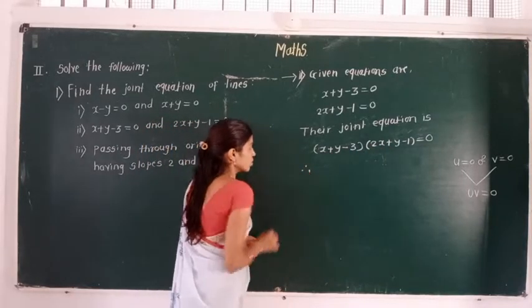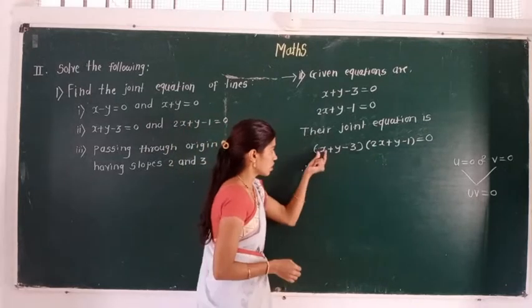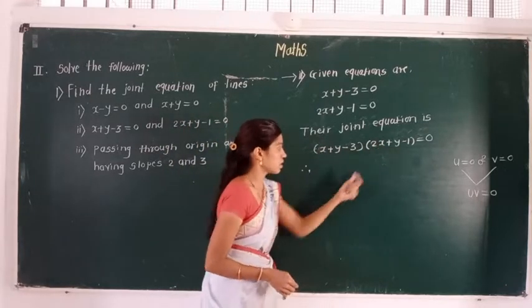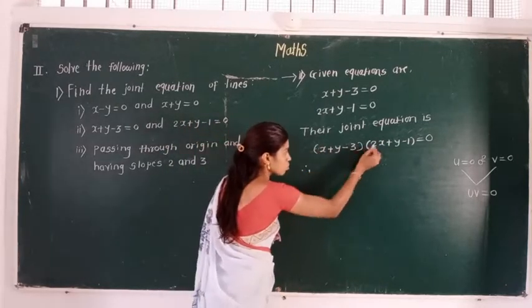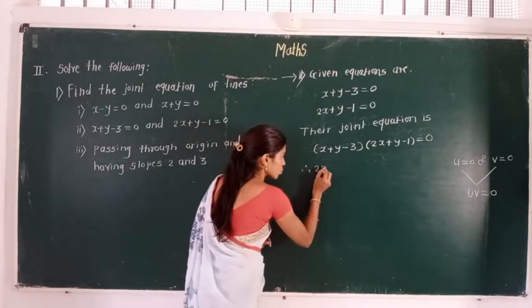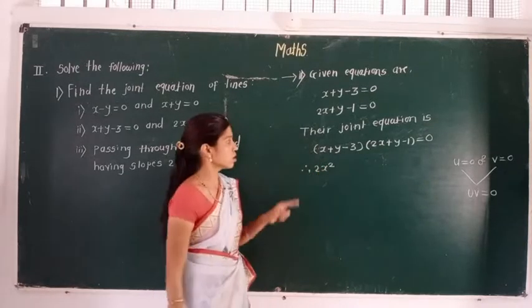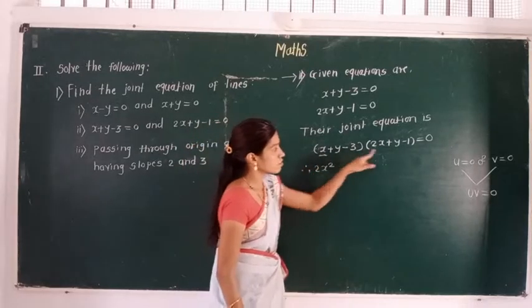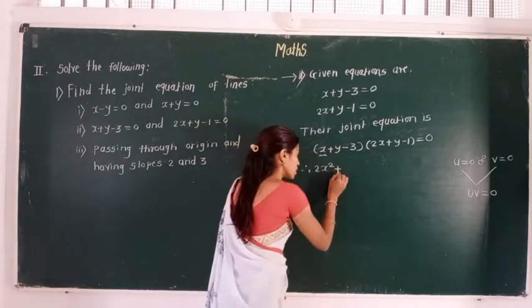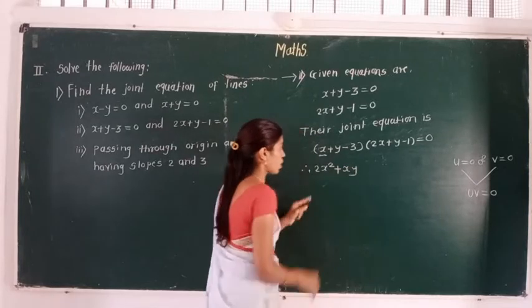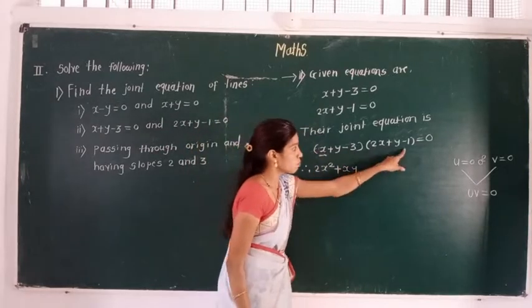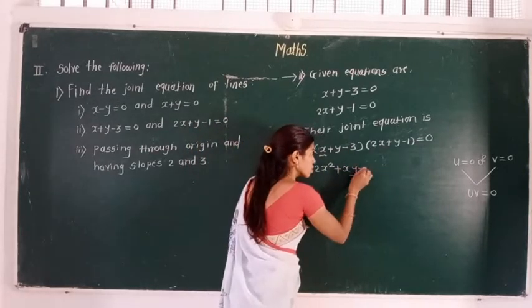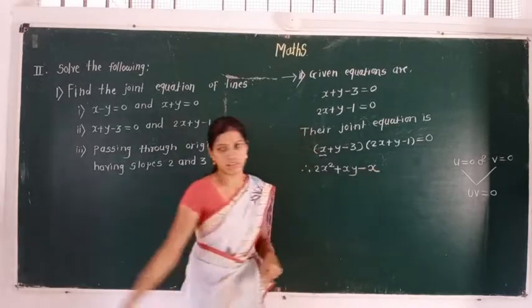So the product of these two brackets is x into 2x, we get 2x square. Okay, now take the first term x into 1, so x into minus 1, we got minus x.